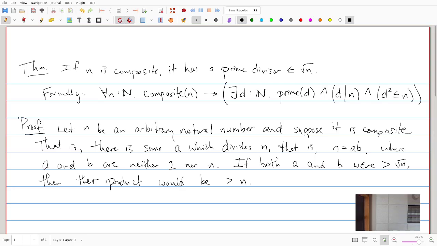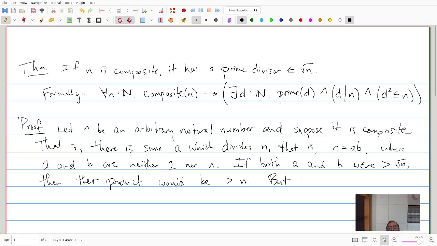Right? If I have two things that are exactly equal to square root of n, and I multiply them, I get n. If I have two things that are bigger than square root of n, and I multiply them, I get something bigger than n. But we know that their product is equal to n. N equals AB. So this can't be true, right? They can't both be bigger than square root of n, because their product would be too big.